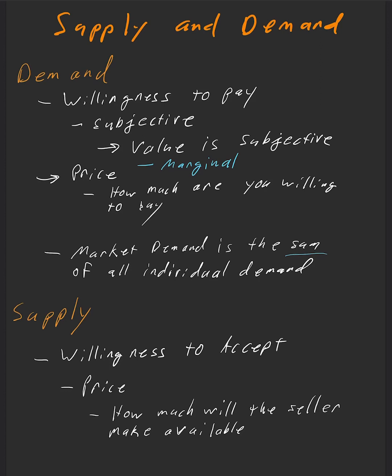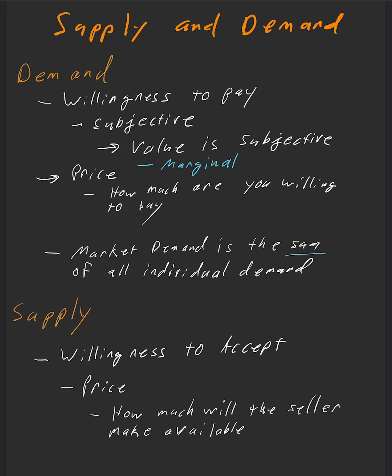And so it's really that process that is just one step removed from demand. So supply is demand in disguise. So the price, what's the relationship between supply and price? And that is the how much here is the quantity supplied, same as the how much here is quantity demanded, is how much will the seller make available at every given price, right?